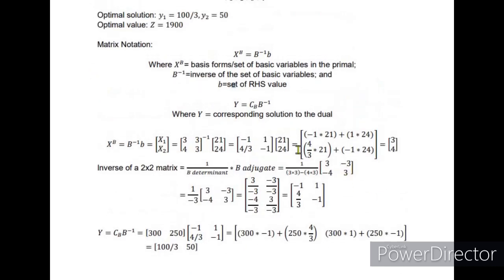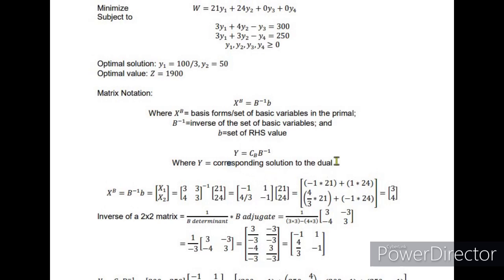The next one: y is equal to c sub B multiplied by B raised to negative 1. Y is the corresponding solution to the dual. Now let's solve the above model using this matrix notation.